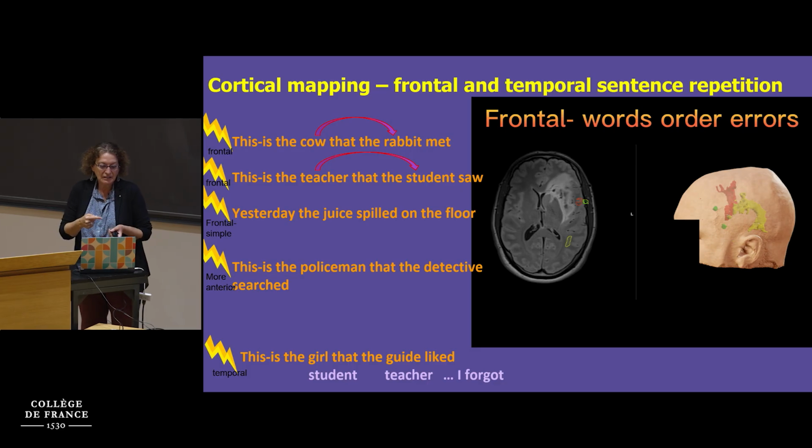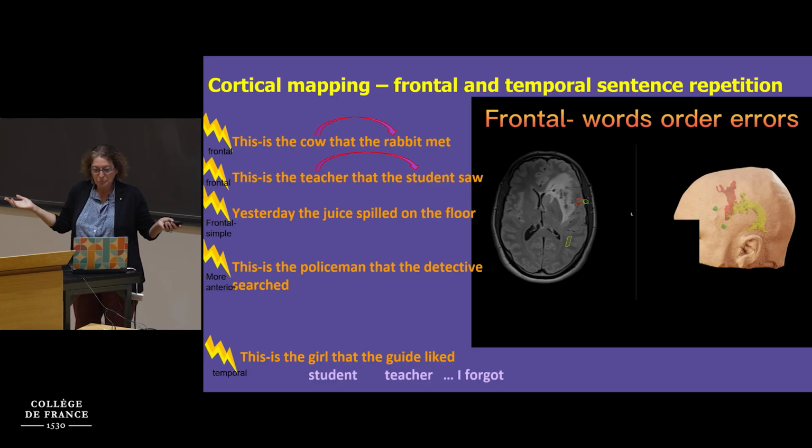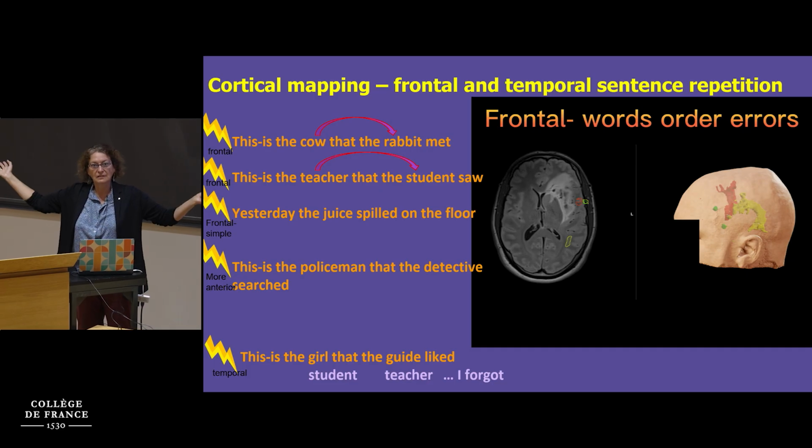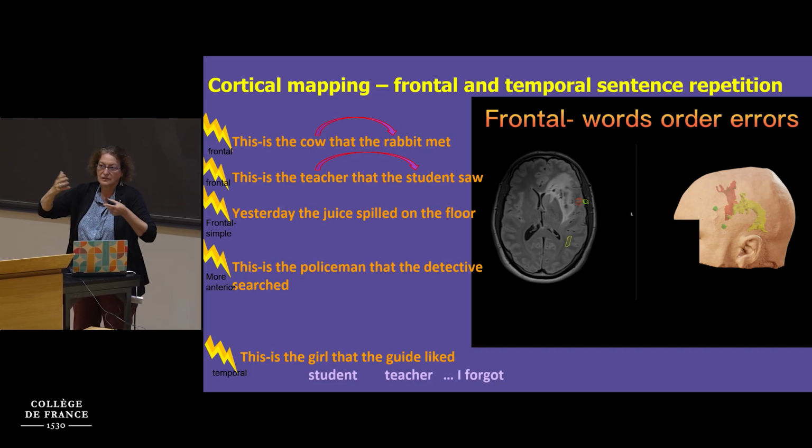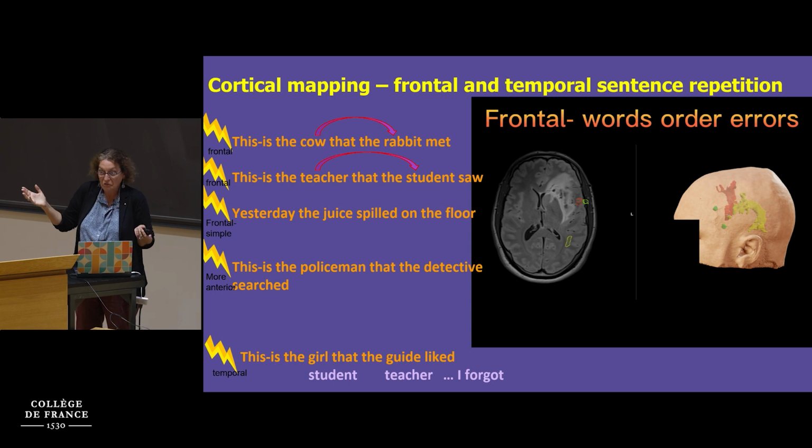Instead of saying this is the teacher that the student saw, he says this is the student that the teacher saw. But when we say a simple sentence, no problem. Yesterday the juice spilled on the floor, no problem. Okay? So it's not that all understanding of sentences is gone, or repetition is gone, or there is a problem in memory. No, it's a problem in sentences with movement.